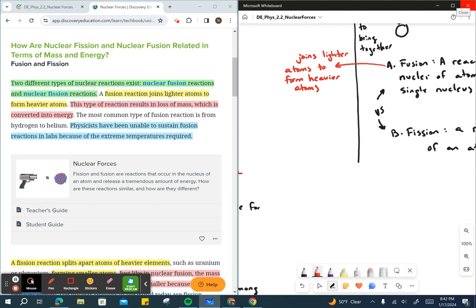And this type of reaction results in the loss of mass, which is converted into energy. Okay. Some mass is lost, resulting in a release of energy. Not just a little bit of energy, but a lot of energy. Okay.